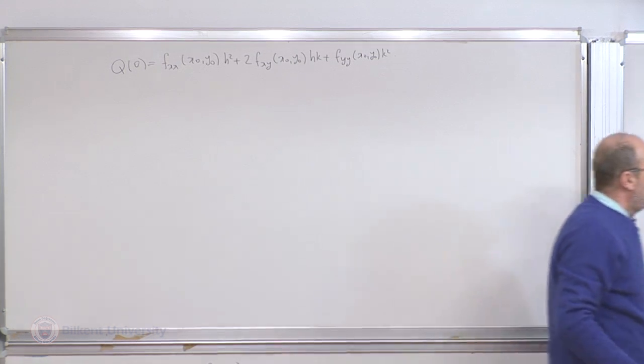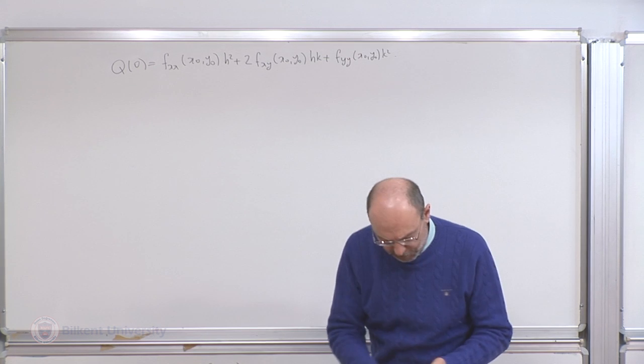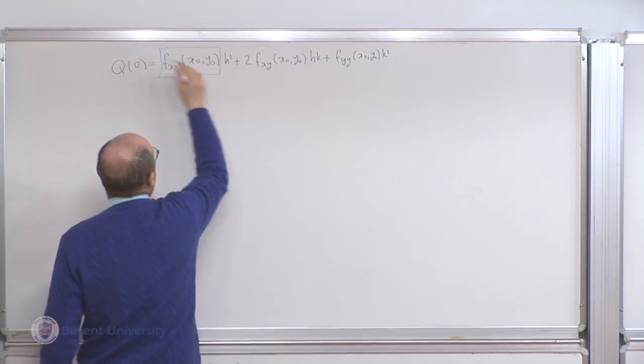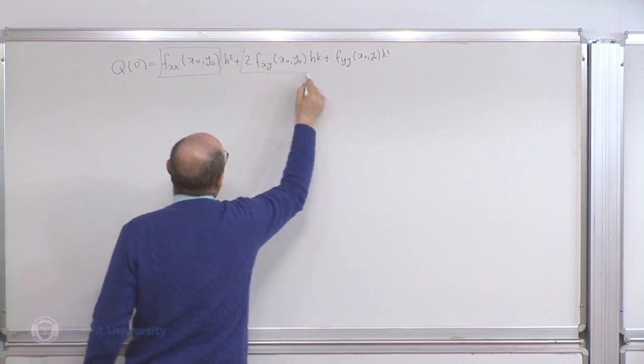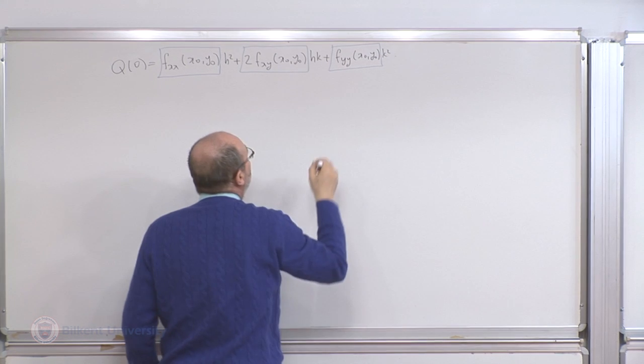Okay. So these things are numbers. See, this is a number I can calculate. This is a number I can calculate. This is a number I can calculate.